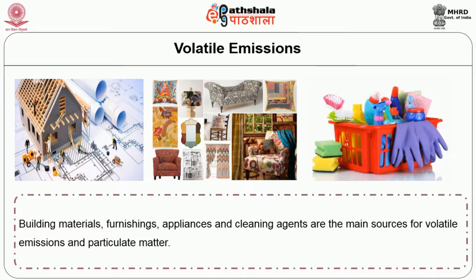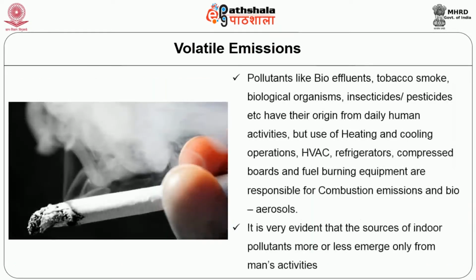Building materials, furnishings, appliances and cleaning agents are the main sources of volatile emissions and particulate matter. Pollutants like bioeffluents, tobacco smoke, biological organisms, insecticides, pesticides, etc. have their origin from daily human activities, but use of heating and cooling operations, HVAC, refrigerators, compressed boards and fuel burning equipment are responsible for combustion emissions and bioaerosols.